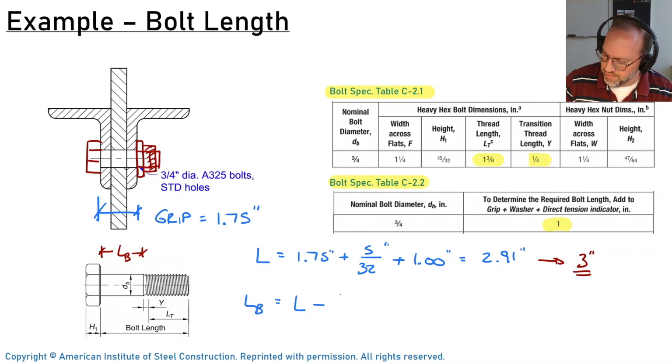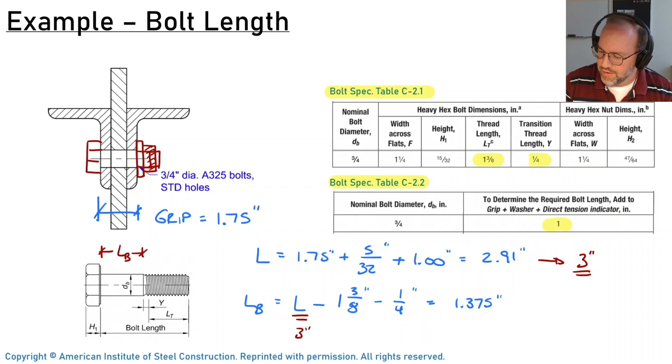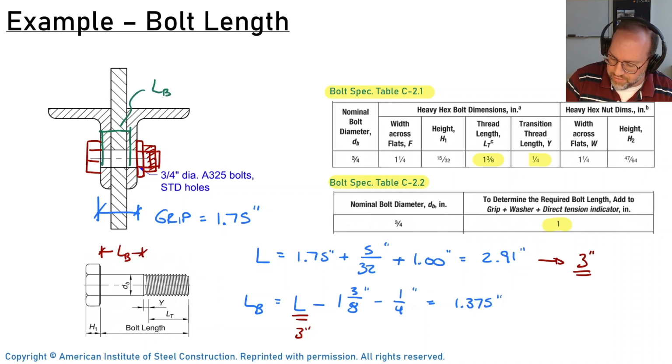So minus 1 3/8, and then minus another 1/4. And again, note that this L was 3 inches as we determined from before. And this is 1.375 inches. So if we measure that on here, 1.375 is going to take us all the way to this point right here. So that is going to be our LB on this bolt.